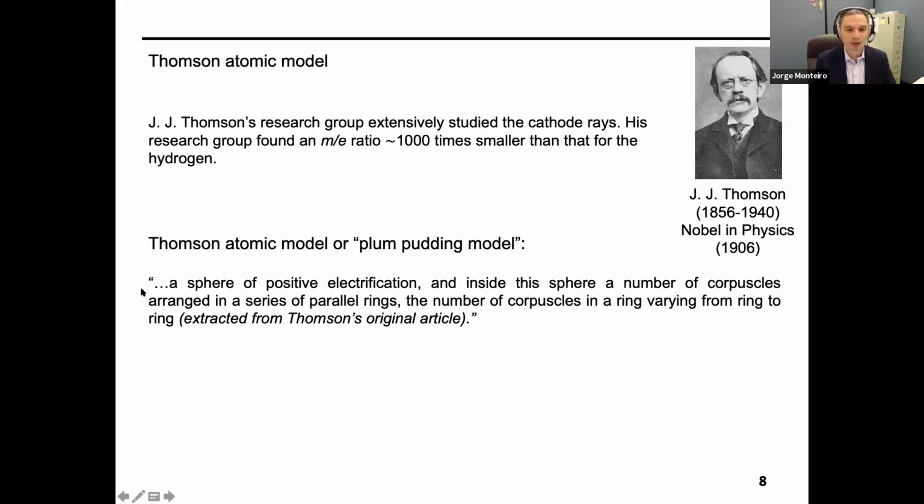According to Thomson, the atom is a sphere of positive electrification, and inside this sphere, a number of corpuscles arranged in a series of parallel rings, the number of corpuscles in a ring varying from ring to ring.